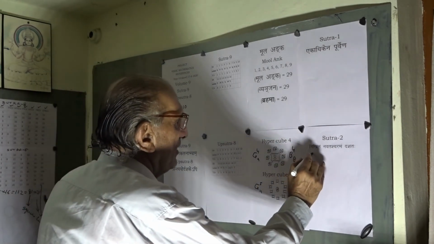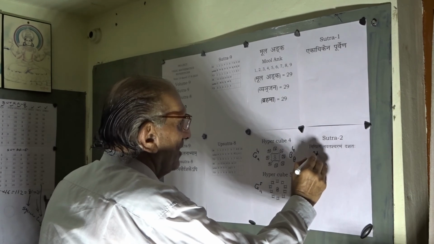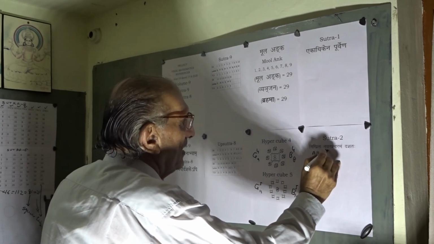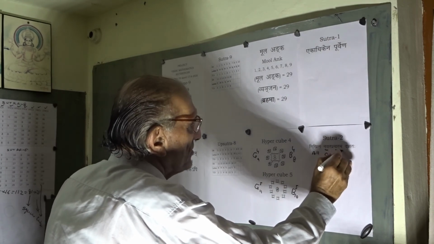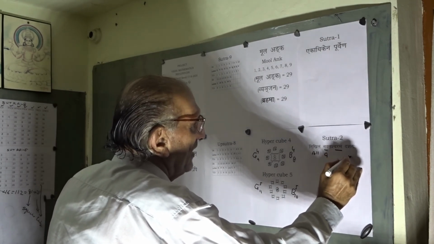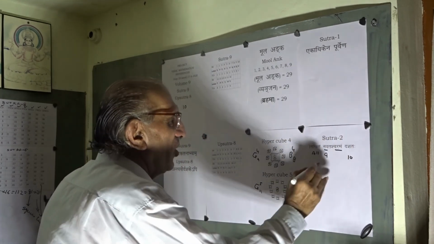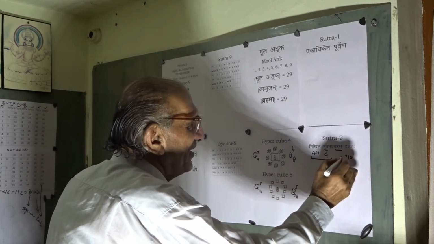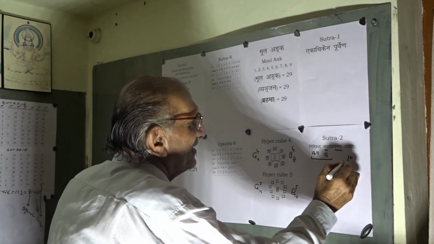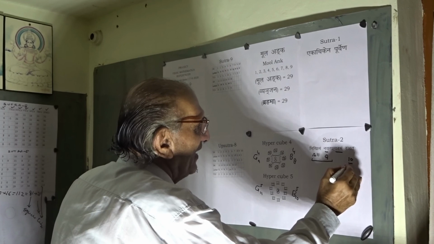Nikhilam means all, navatah means from 9, charamam means the last, and dashatah means the 10. See, all are only 9, and still the last is the 10.